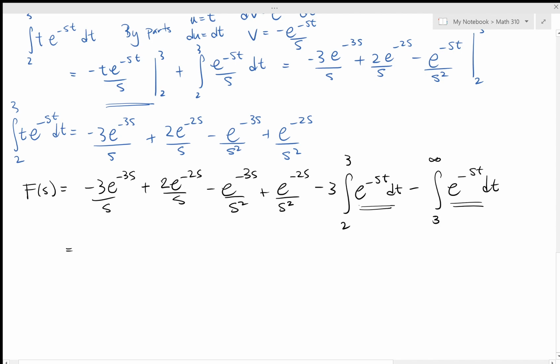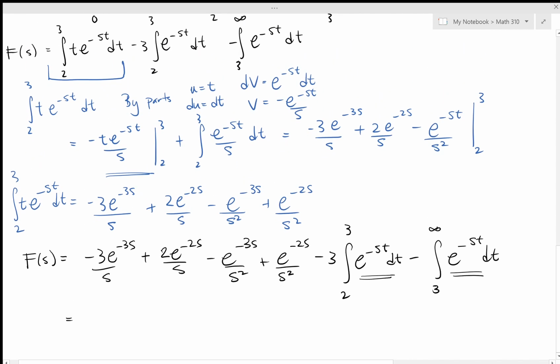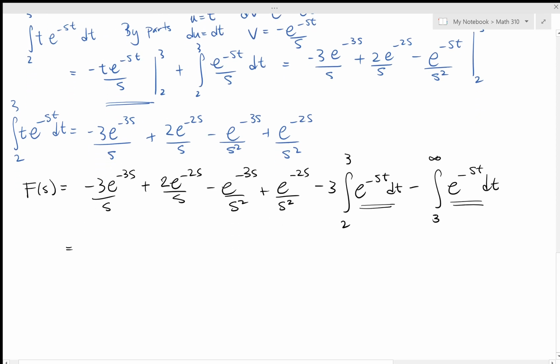Minus 3. What happened here? I've got a plus. Sorry, I don't want to lose a minus sign here. I've got a minus 3. Oh yes, so it's going to turn to a plus 3. Okay, fine. So I'm here minus 3 e to the minus 3s over s plus 2 e to the minus 2s over s minus e to the minus 3s over s squared plus e to the minus 2s over s squared.